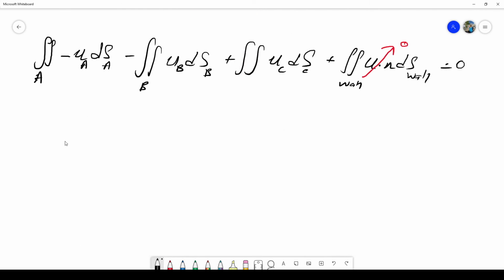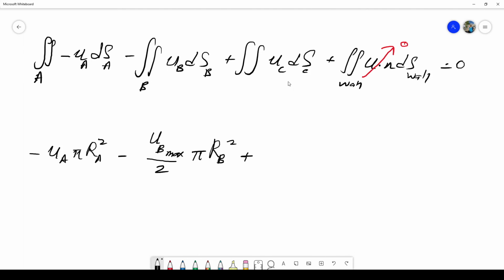So from now we can solve the other integrals as well. For UA dS, we will get UA pi RA square. We have the UB which was calculated just now, given by UB max divided by 2, so we have pi RB square.